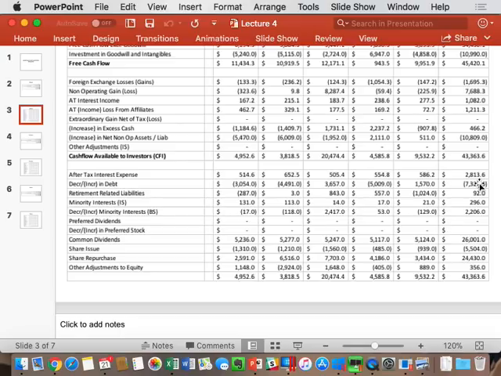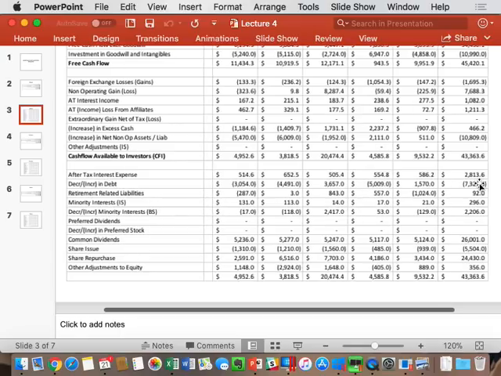Okay? Well, let's continue on. What did they do with the rest of the cash? Shareholders, $26 billion of dividends, $24 billion of share repurchase. What does 26 plus 24 add up to? $50 billion of cash to the shareholders.